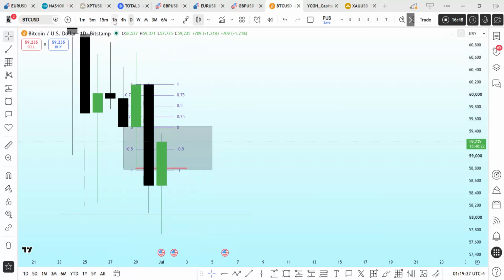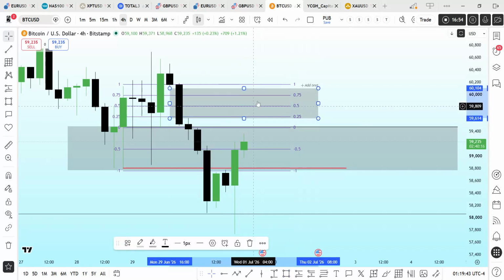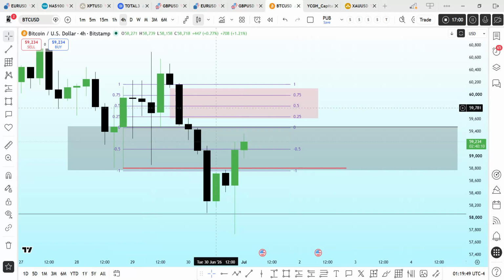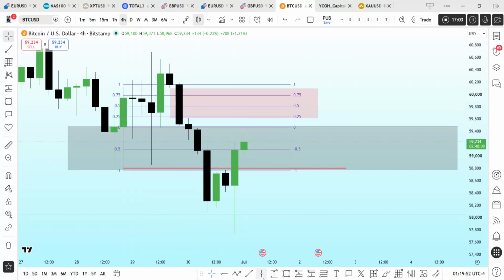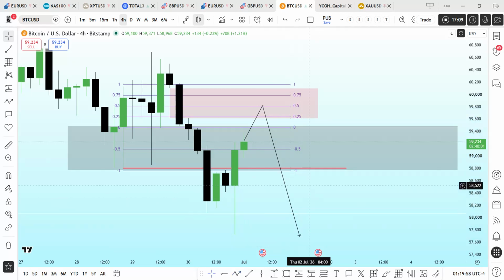So this zone, and now if we go to 4 hour, we can find that this is the 0.5, and that becomes inside this 4 hour gap, right? So there is a good chance that price will go to this and then dump to this. But overall we're having this bearish bias on BTC.